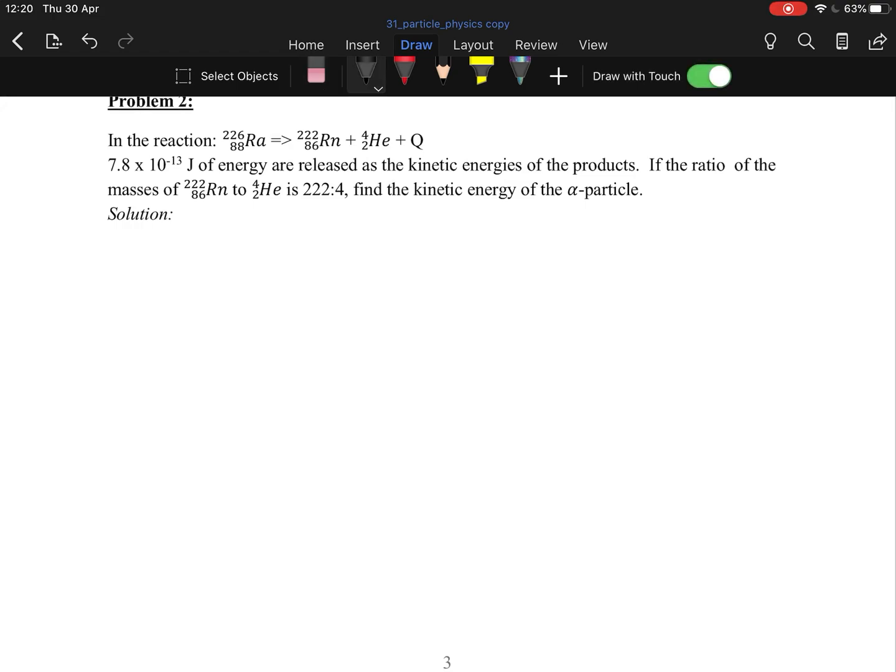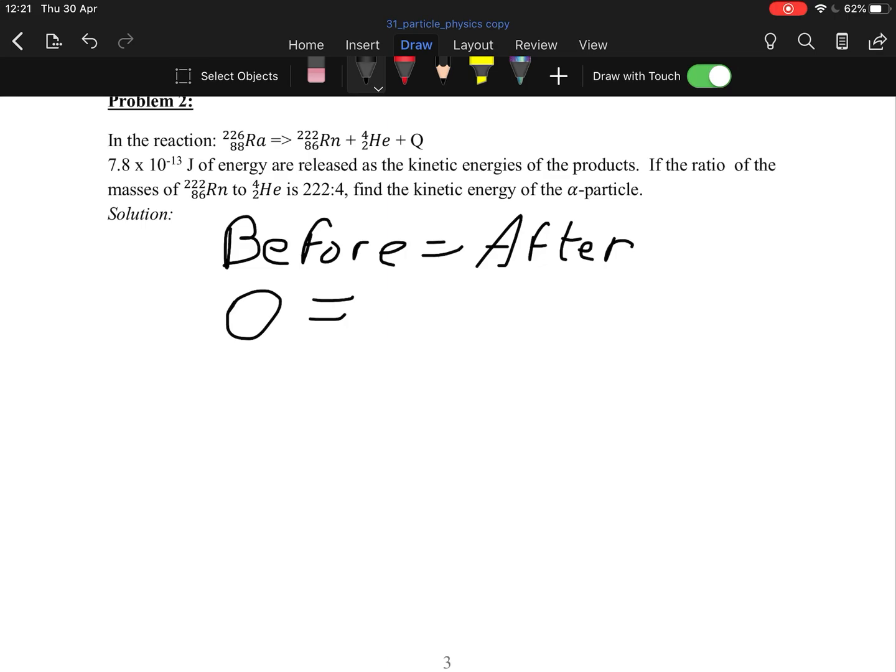That was not a great time for this pen to stop working. So before equals after. Before is 0, equals after, which is also going to be 0. But we know after is the mass of one object times its velocity, and the mass of the second object times its velocity, to be correct to the equation, V1 and V2.